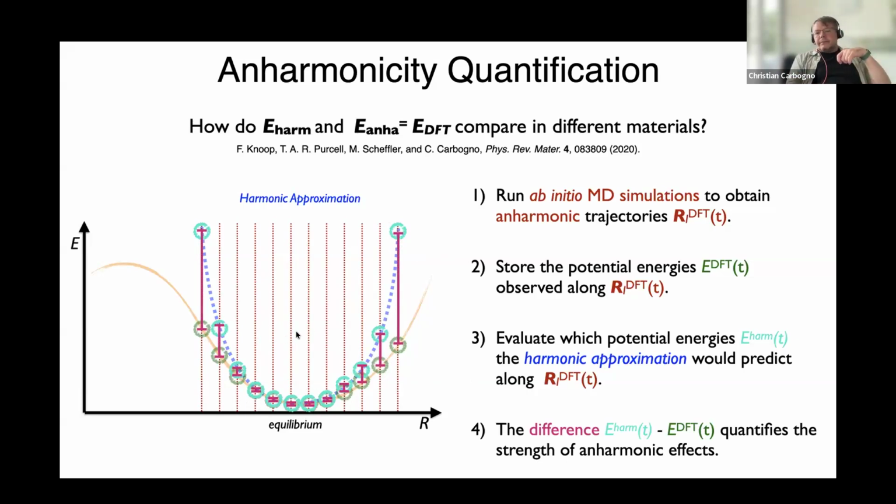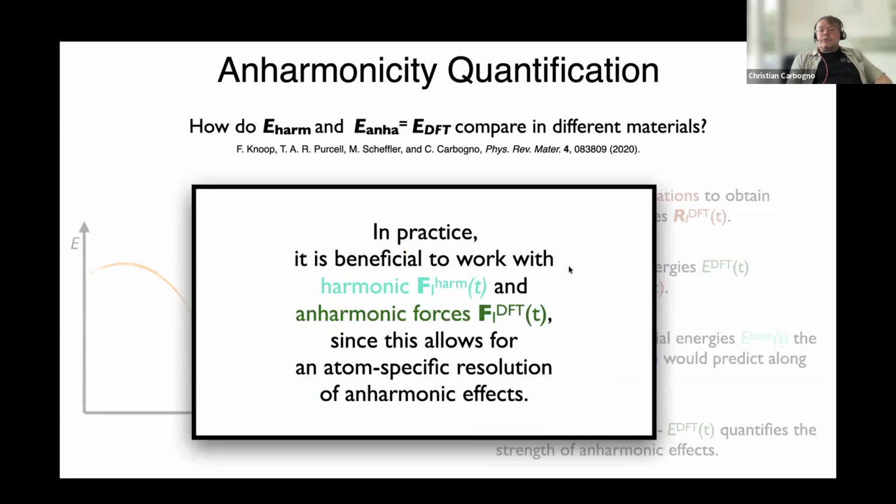In practice, we then do not use the energies but the actual forces, because for each calculation we get a lot more values for forces than for energies, for the individual atoms. This also has the advantage that we can get some insight into the individual atoms.